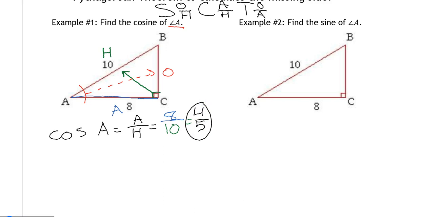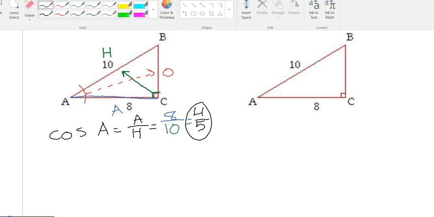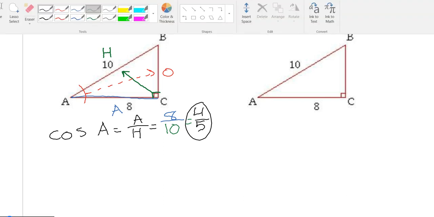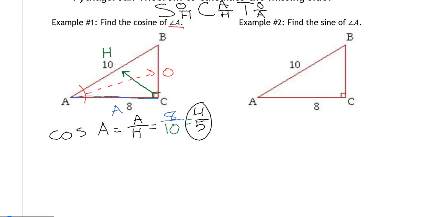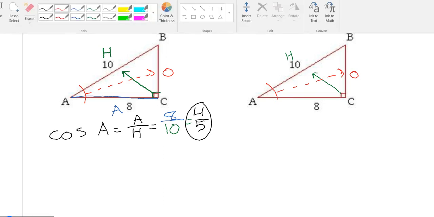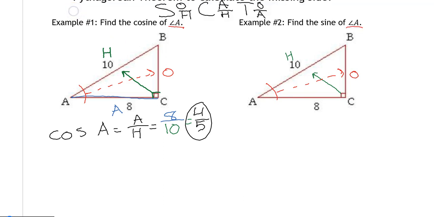Looking at example 2. Now I want to find the sine of angle A. So I'm going to start by labeling my sides. Opposite from my right angle is my hypotenuse. The same triangle, so opposite from my angle A is my opposite side, and then between the two is my adjacent side.